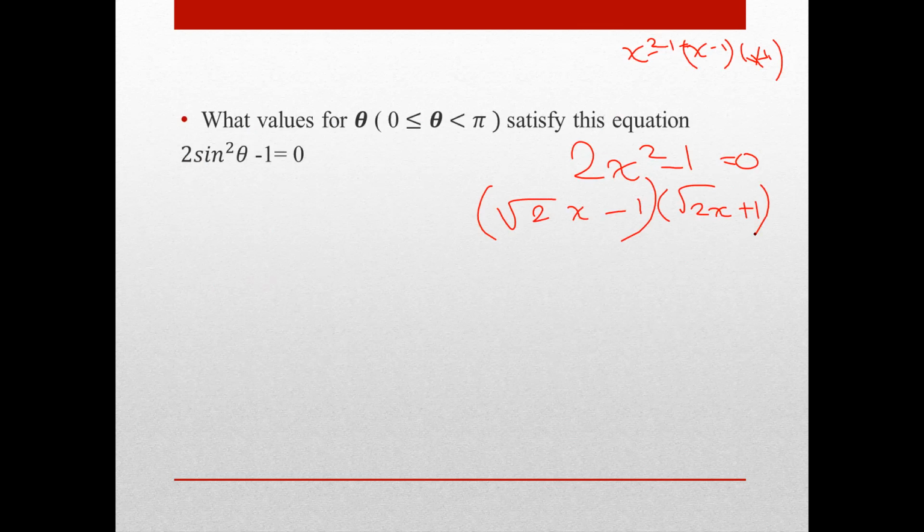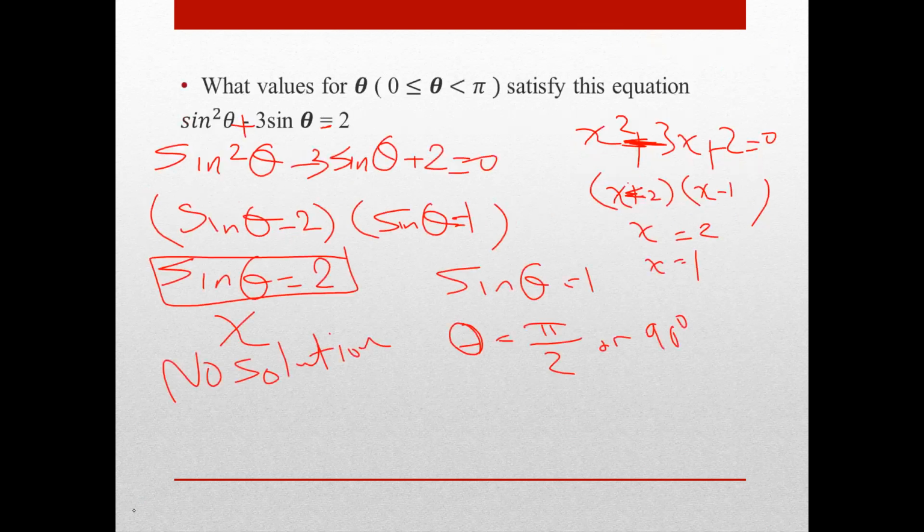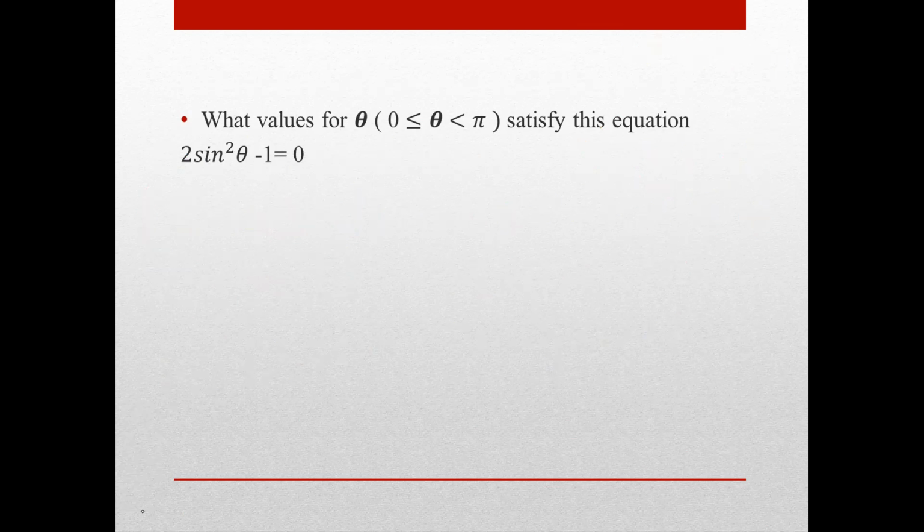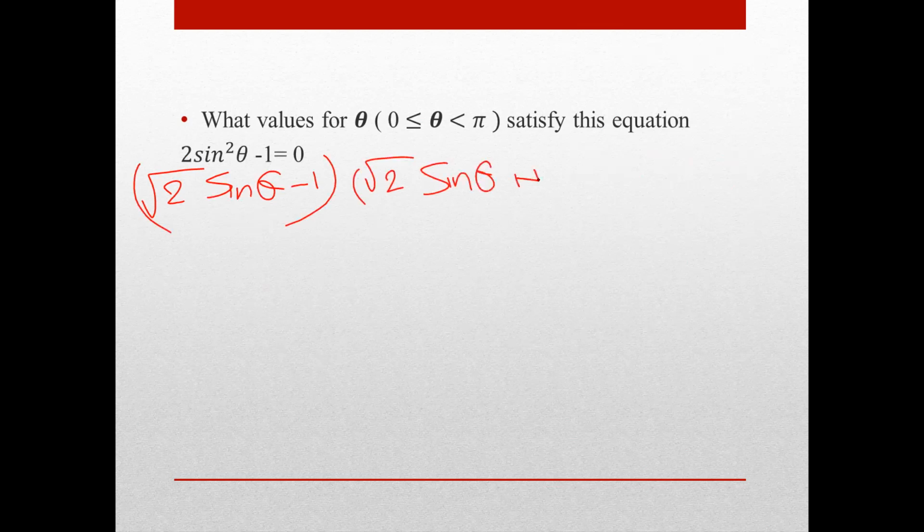So here it will be square root of 2 sine theta minus 1 times square root of 2 sine theta plus 1.